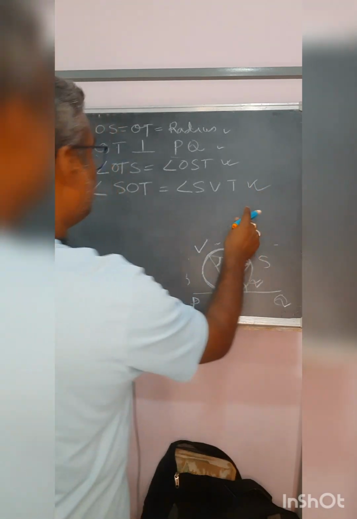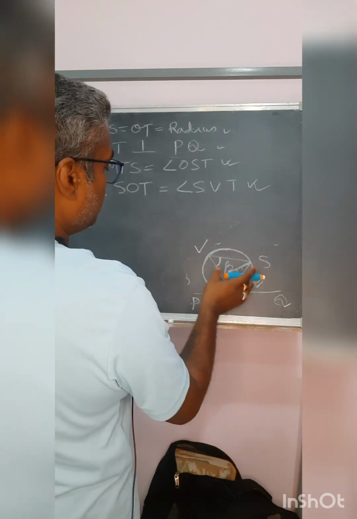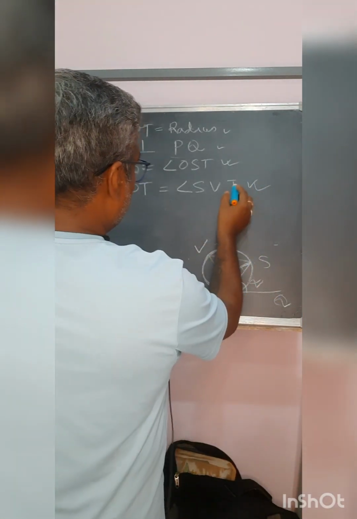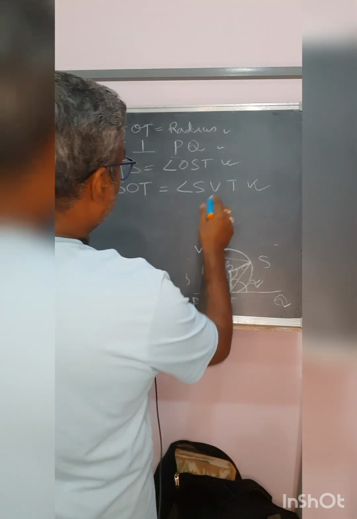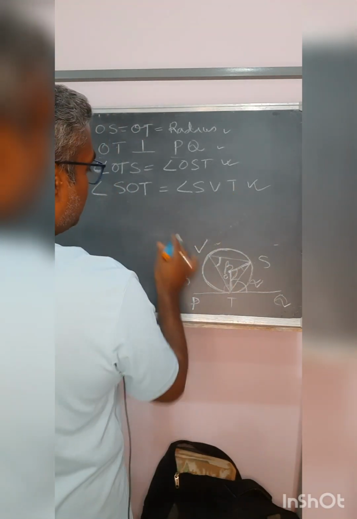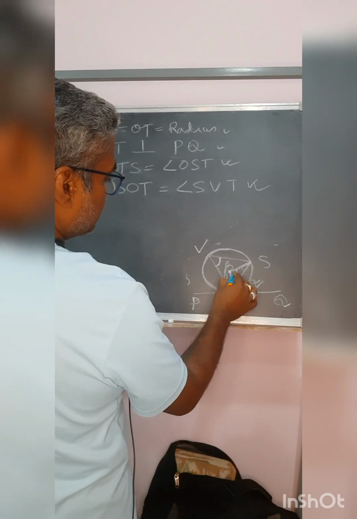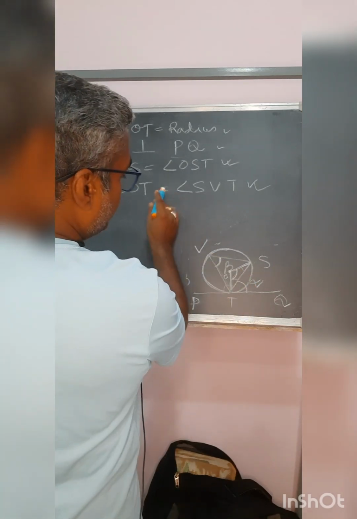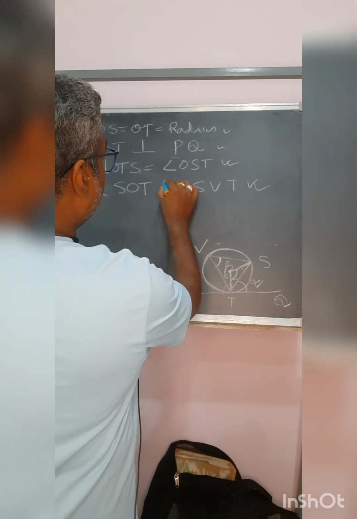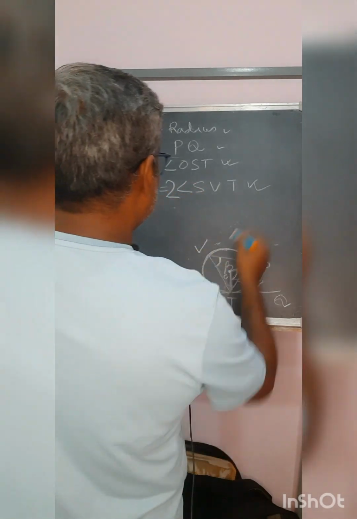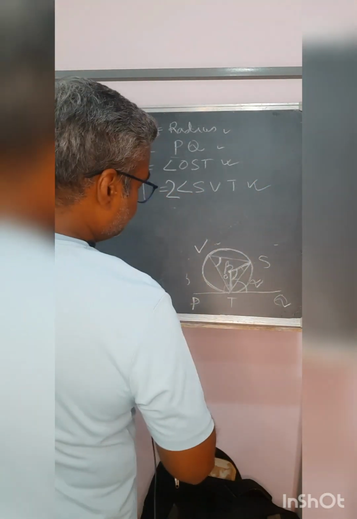This is also a proven theorem that can be shown in other videos. As of now you can just keep it in mind: the angle formed at the center is twice the angle formed at the periphery on the same chord.